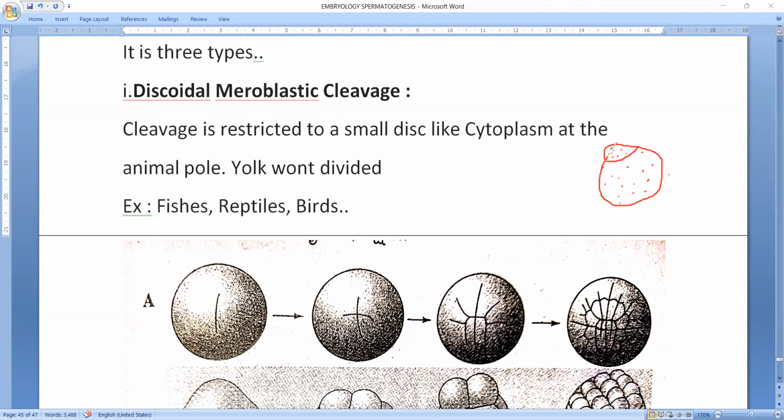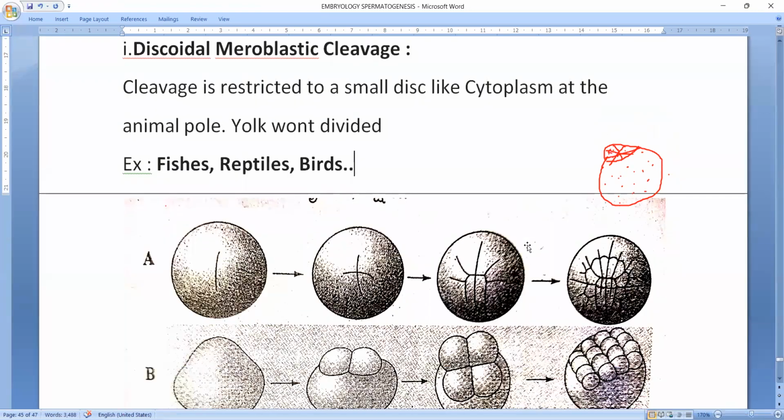Only in this disc region does the division take place like this. It is restricted to this disc-like cytoplasm at the animal pole. So yolk is not at all divided. Example, fishes, reptiles, and birds.